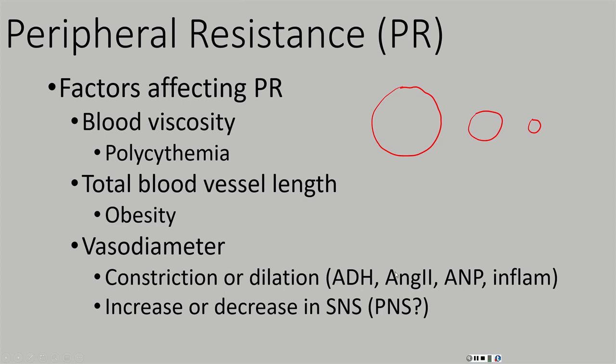Ang2, or angiotensin 2. This is another hormone that is also a vasoconstrictor. As a matter of fact, angiotensin 2, Ang2, is the most potent vasoconstrictor in our body. So when Ang2 levels are up, we get vasoconstriction. And when we get vasoconstriction, peripheral resistance increases.